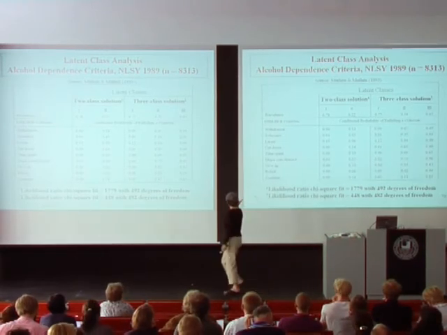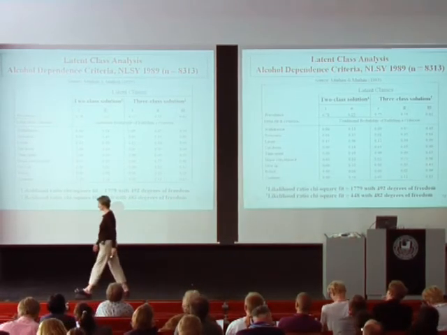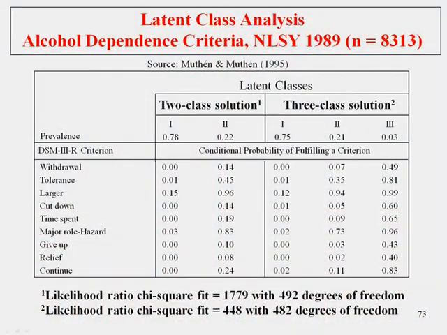So if you take a look at the table that's on both screens, what we're looking at here is the national study, as Bengt said, from the NLSY, and it's on alcohol dependence criteria, the variables that we're looking at. And we're looking at a latent class analysis.